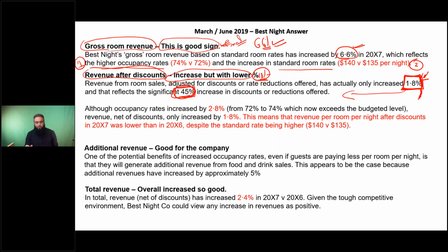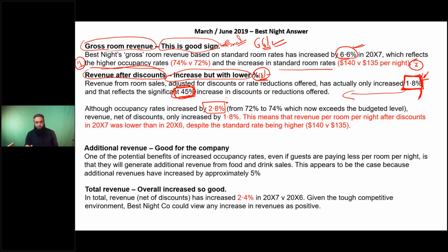Listen, price is not the reason. You know why? Because occupancy rates increased by 2.8%. Remember, we worked out that percentage. This means occupancy rate increases more than the 1.8% increase in the revenue after discount.